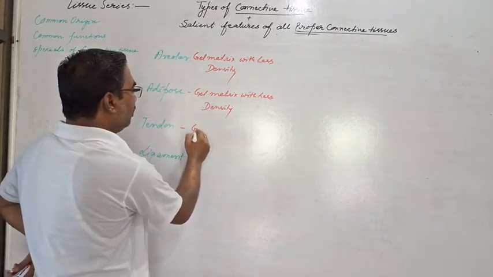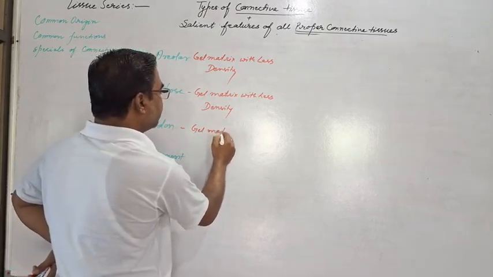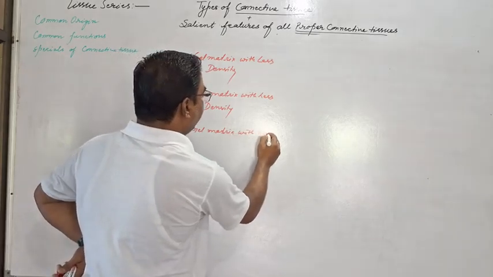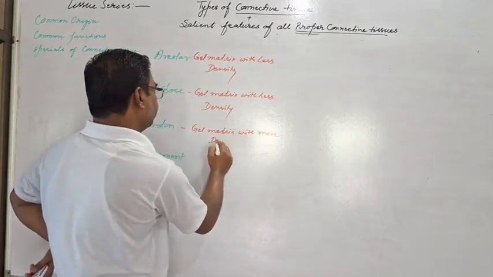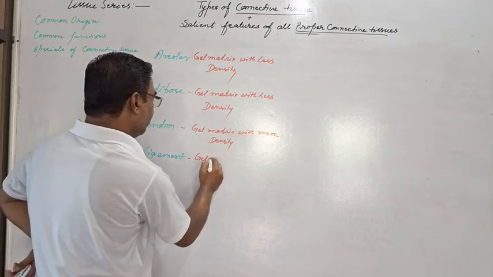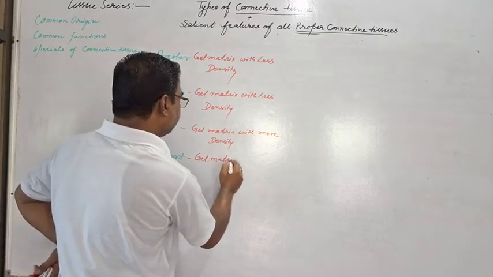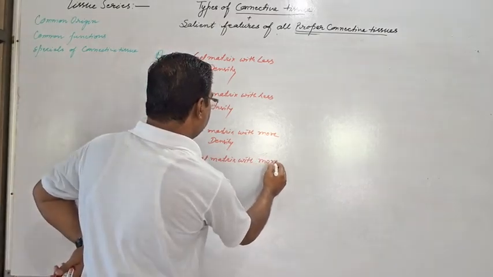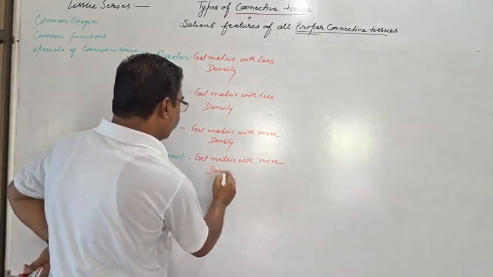Tendon is formed of gel matrix with more density. Ligament is also formed of gel matrix with more density.